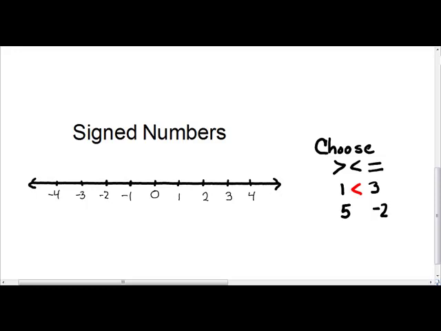So we should choose the greater than symbol. If we have negative 4 and negative 1, this is the side that might be newer to us. Notice the negative 4 is to the left of negative 1, so it is smaller. So we need to choose the less than symbol.